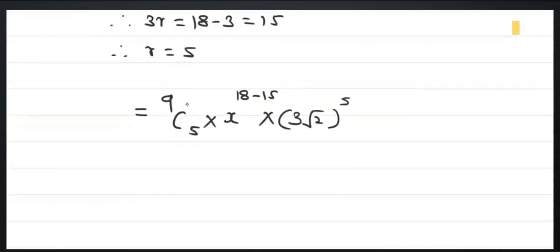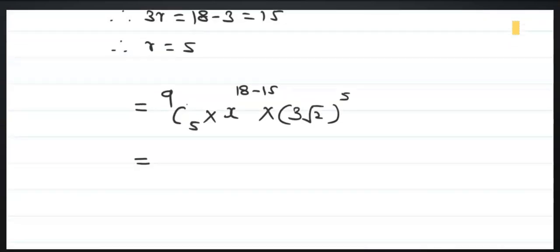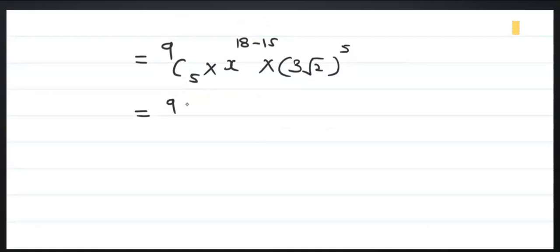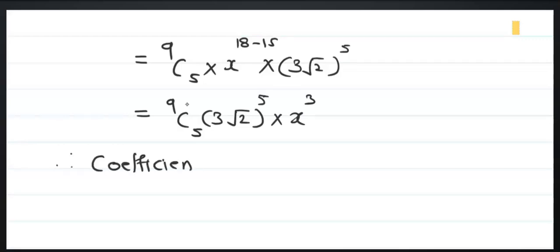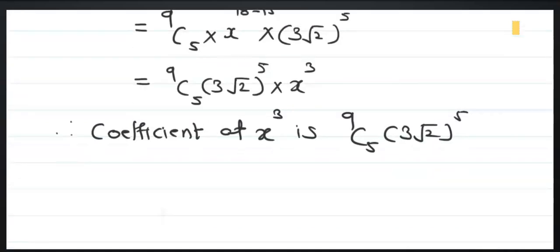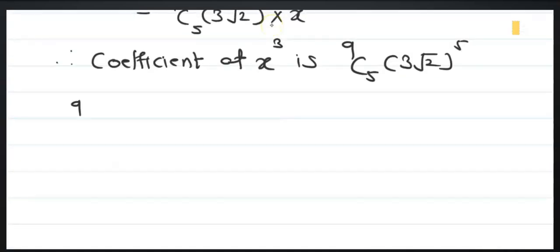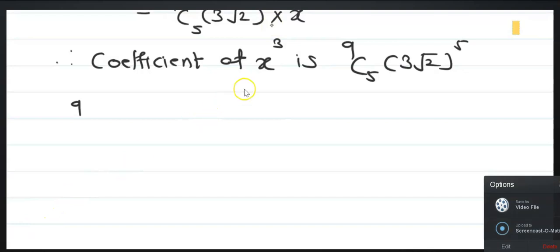This is important. Now we can calculate the value, that is 9C5 x raised to 3. Now the coefficient of x raised to 3 is 9C5 (3 root 2) raised to 5. This is the coefficient. That is, the coefficient of x cube is 9C5 (3 root 2) raised to 5.